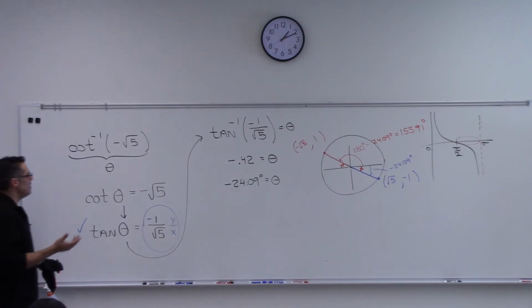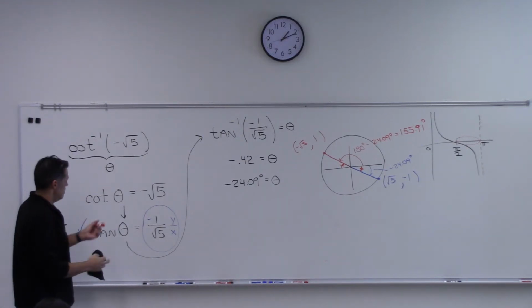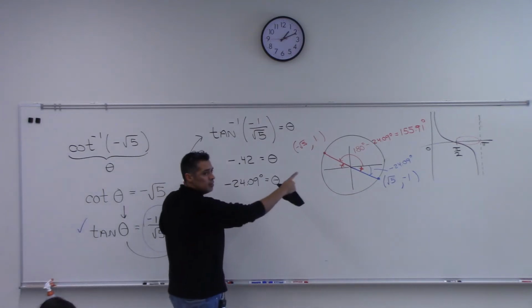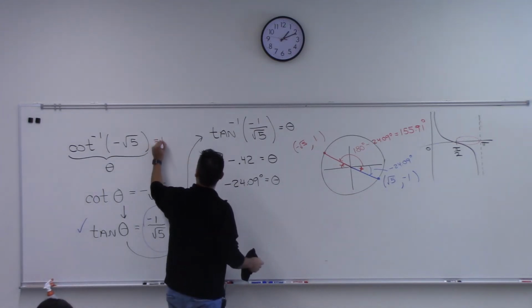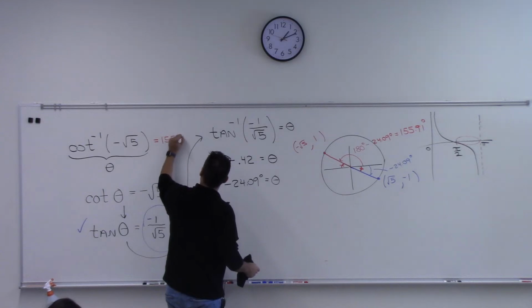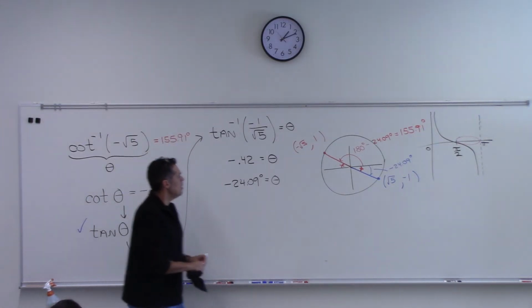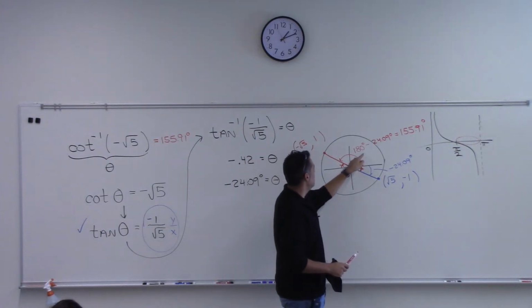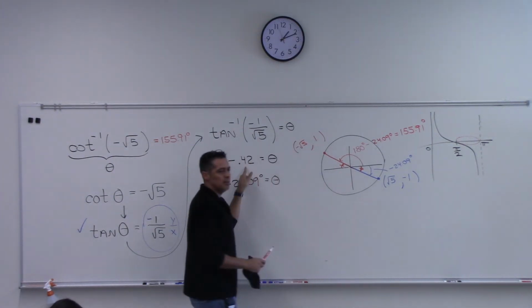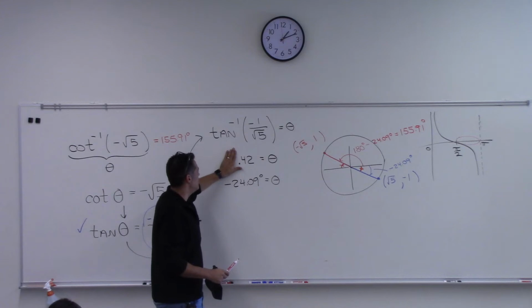So what's the final answer? 155.91 degrees. Or if you want to do radians, you would take pi and subtract this number, or subtract 0.42 from pi, and that would be the angle.